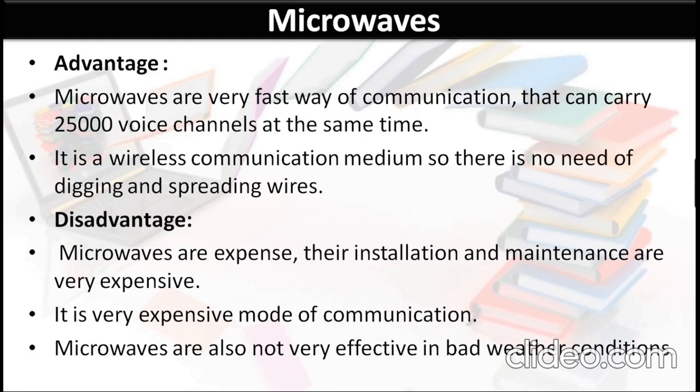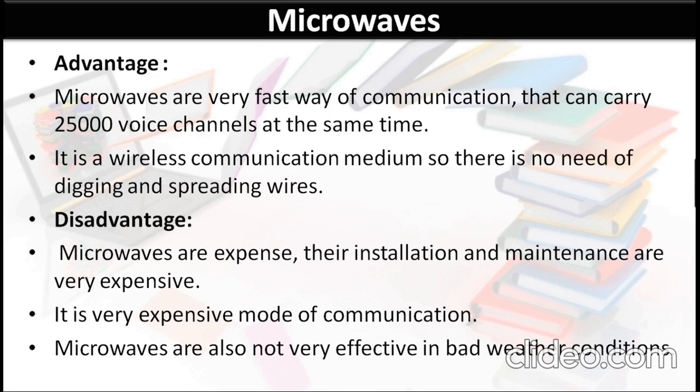The second one is, as it is a wireless communication medium, again there is no digging, putting the wires and spreading across all the cities is not required. So this is the second advantage. There is a disadvantage of microwaves: the cost of the microwaves is a bit high.